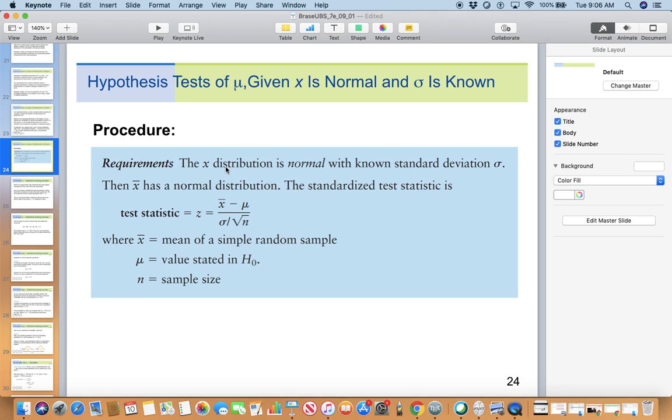Requirements: the X distribution is normal, and you know the standard deviation sigma. Then X bar has a normal distribution. The standardized test statistic is Z equals X bar minus mu over sigma over square root n. X bar is the mean of the simple random sample, mu is the value stated in H0, and n is the sample size.